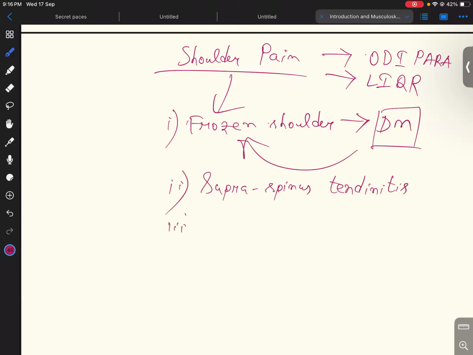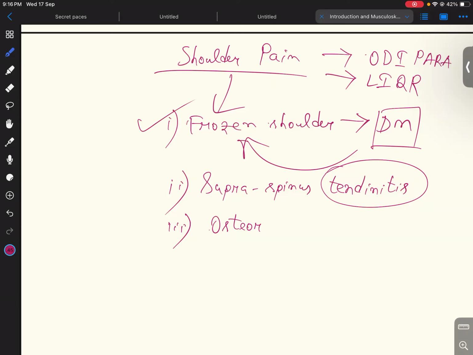Then osteoarthritis. Remember, in supraspinatus tendinitis, there will be pain at the tip of the shoulder. You have to examine the shoulder. First the active movement, abduction, adduction, then forward flexion, backward flexion. First active, then passive. In frozen shoulder, both types of movement will be painful.